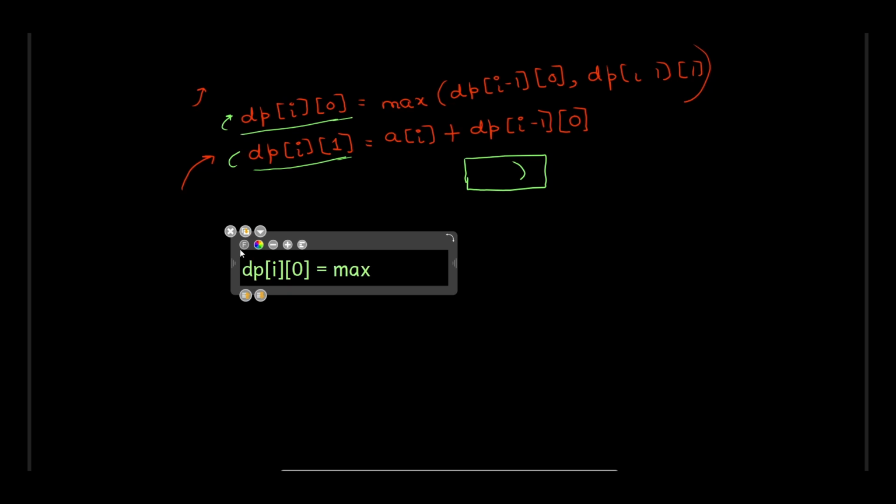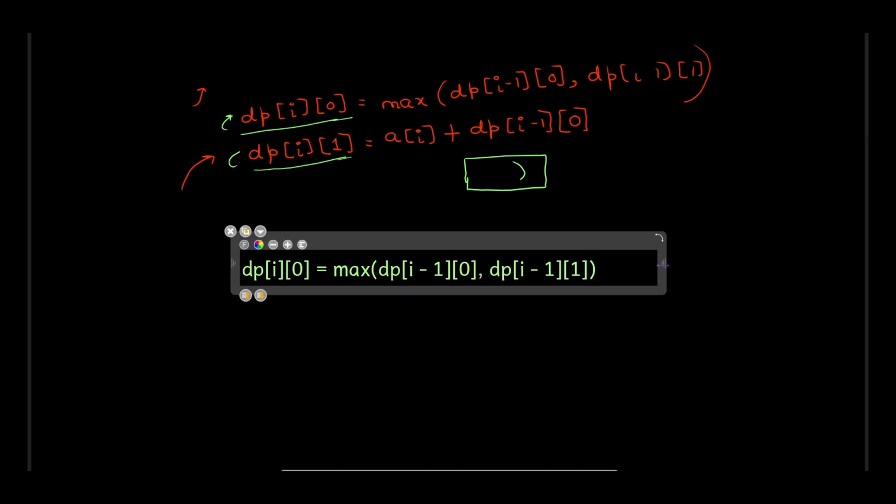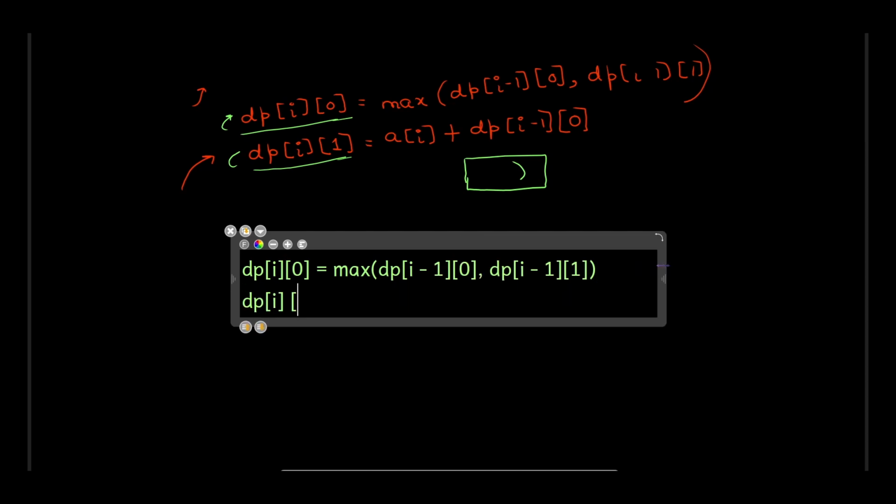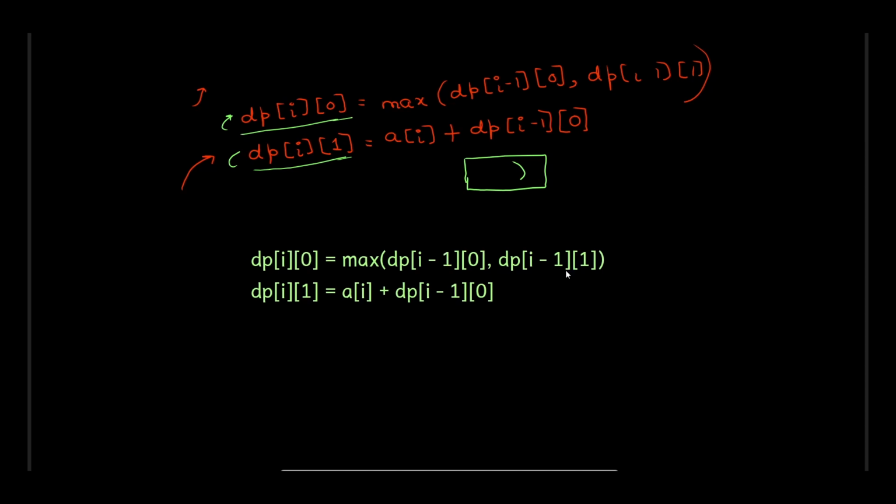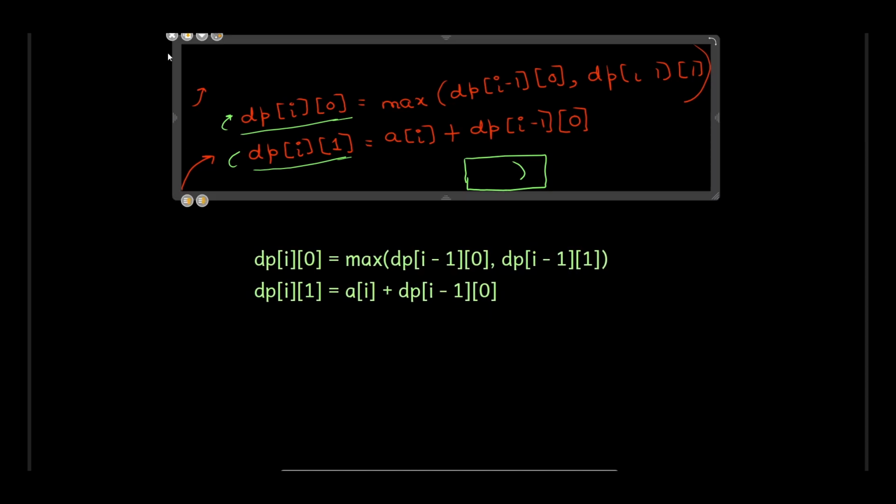So DP of i,0 is max of DP of i minus 1, 0 and DP of i minus 1, 1. And then DP of i,1 is equal to A of i plus DP of i minus 1, 0.